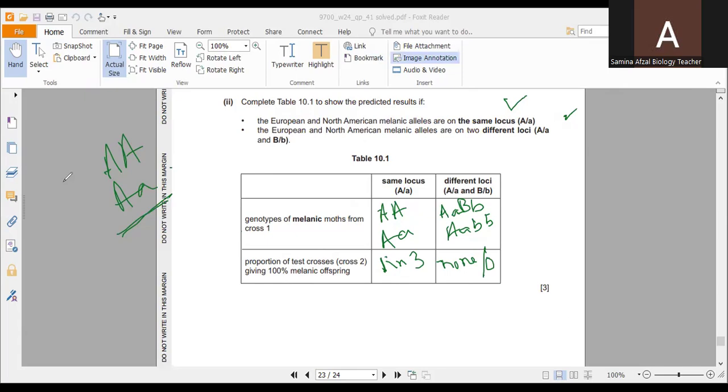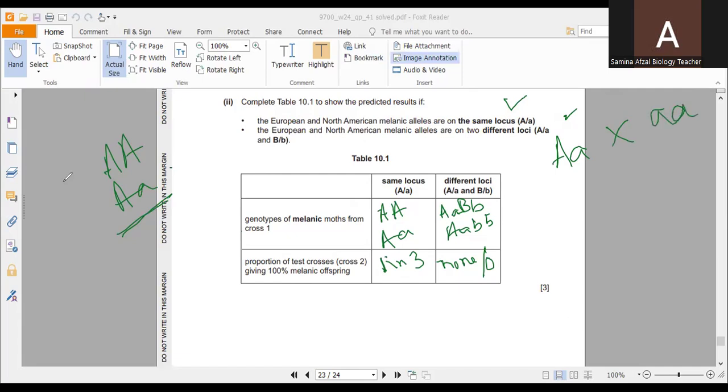I would like to explain this. In this scenario, since both parents were heterozygous for the same locus, capital A, small a, the melanic offspring will also be heterozygous. On the other hand, for the proportion of test crosses giving 100% melanic offspring, if you cross capital A, small a with small a, you will get a 1:1 ratio of capital A, small a, and small a, small a.